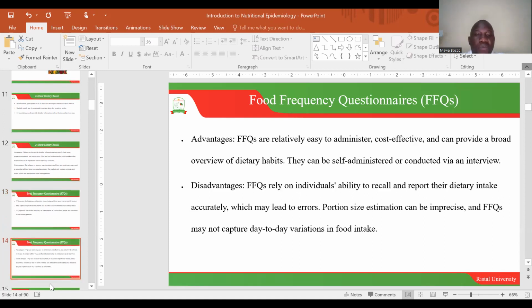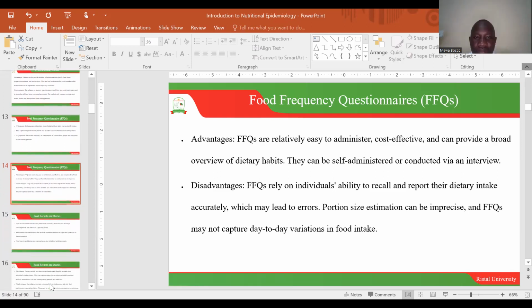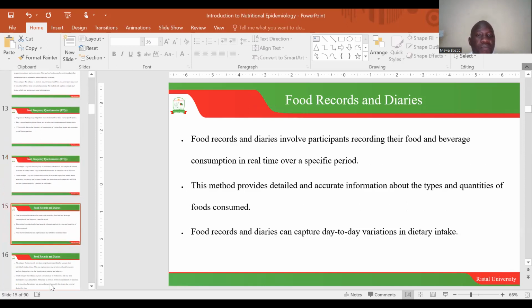It is very easy to do this, and it is also cost effective, but still it relies on the person's ability to recall. Apportioning the sizes can be quite challenging and may be imprecise. And definitely it's not like the 24-hour recall, so it may not really capture the day-to-day variations in what someone is actually eating.